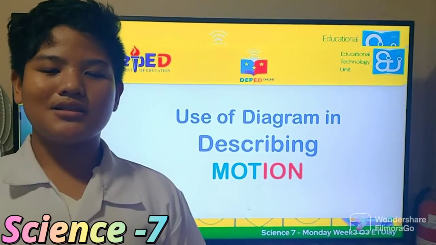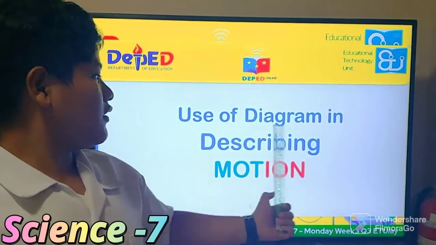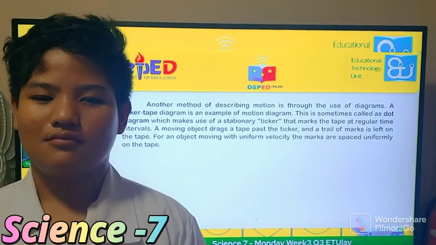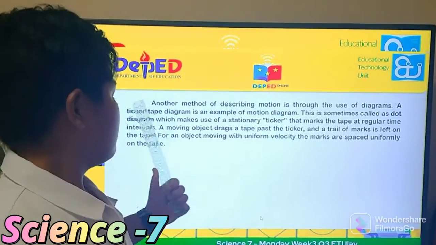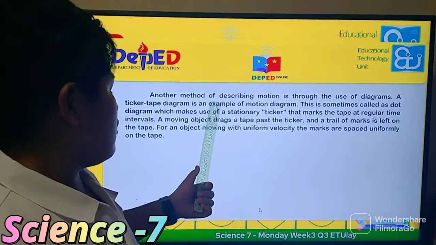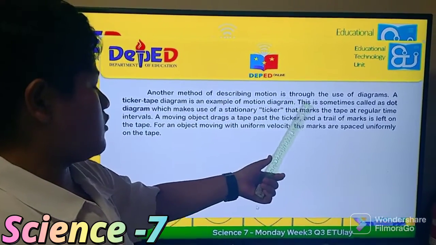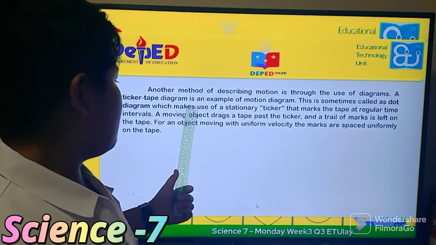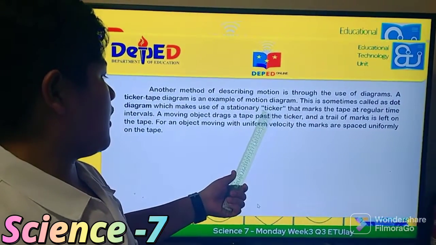Now, let us study the use of diagrams in describing motion. Another method of describing motion is through the use of diagrams. A ticker tape diagram is an example of a motion diagram.